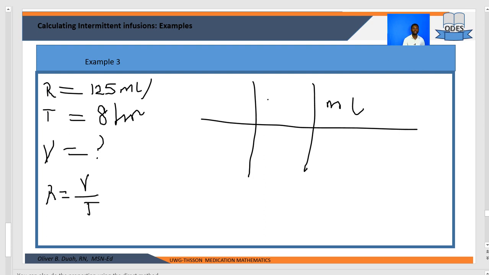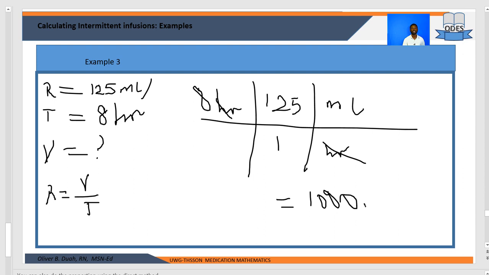And so we have 125 ml per hour, and we are going to infuse this, or we have been infusing this over 8 hours. And so what is at the top will cancel what is at the bottom, and 8 times 125 will still give us our 1000 ml, because that is what is left.